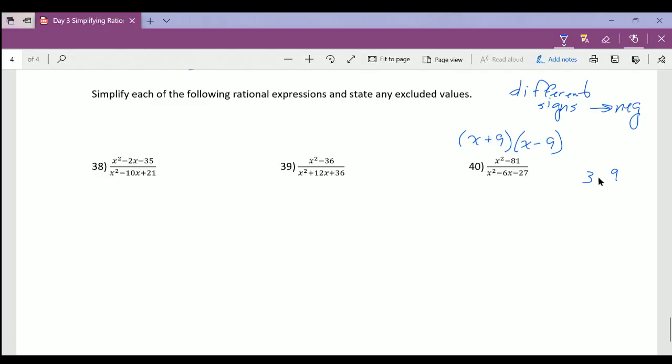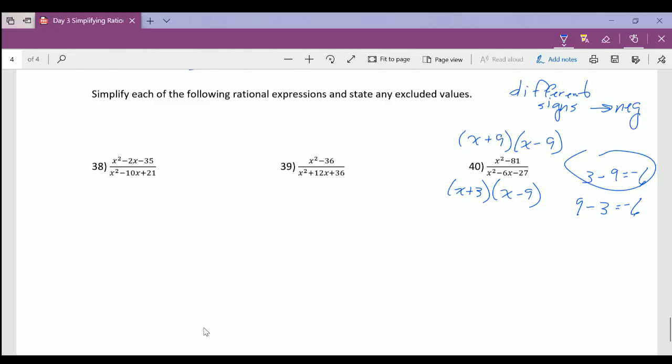So either 3 minus 9 is negative 6, or 9 minus 3 is negative 6. One of those is a true statement, one of those is a false statement, and it's this one here that is good. 3 minus 9. So 9 is going to be the negative one. You've got x plus 3 times x minus 9.